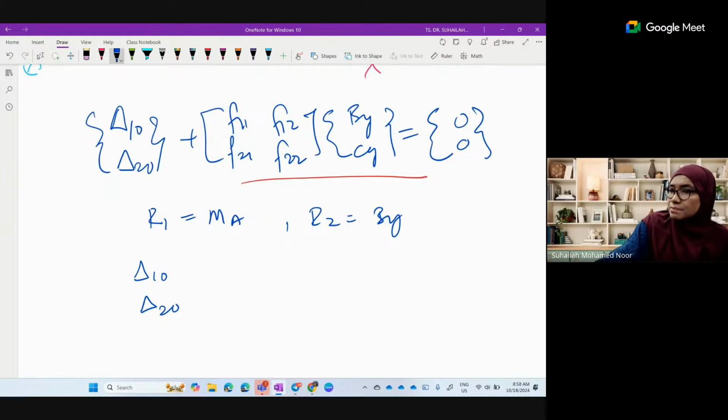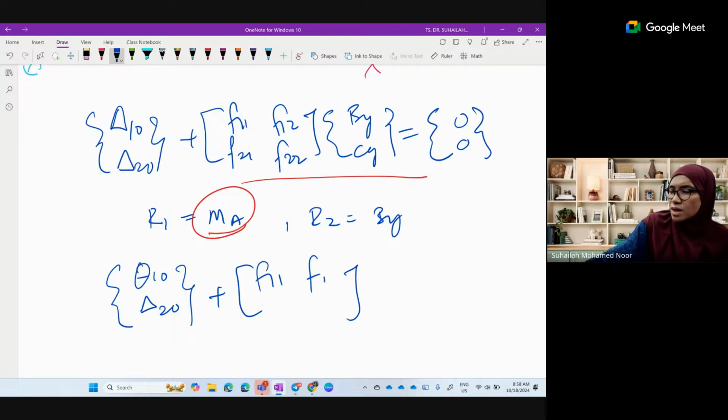Kan? But bila dia moment, careful, bila dia moment, dia bukan delta kan? So kat sini dah jadi theta. Kita akan pakai theta sebab MA is the redundant. So kat sini, ini F standard, F11, F12, F21, F22.